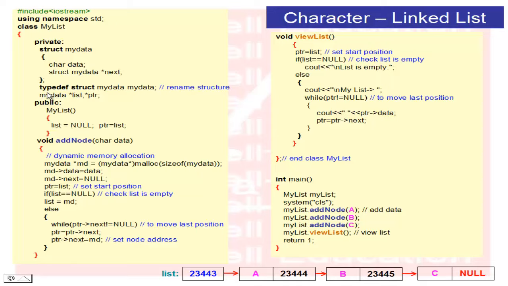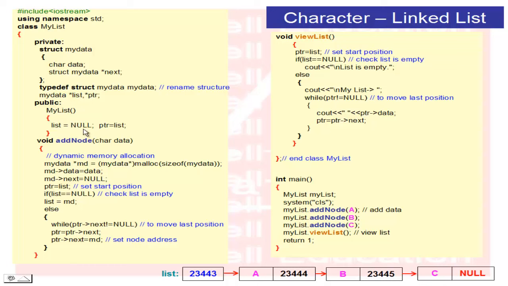Then I rename the structure by using the keyword typedef, struct MyData. Okay, now a MyData pointer list and a MyData pointer ptr I have created under the private access specifier.